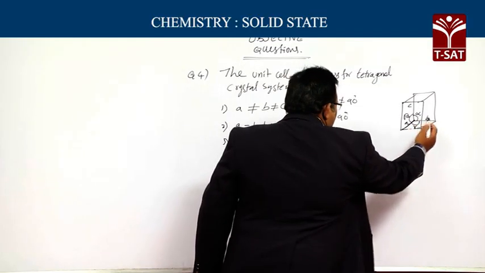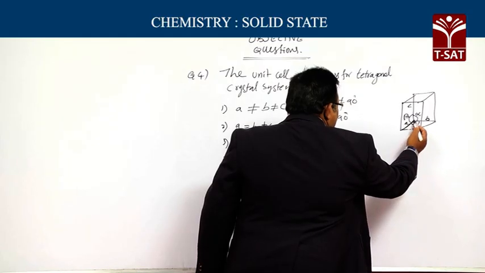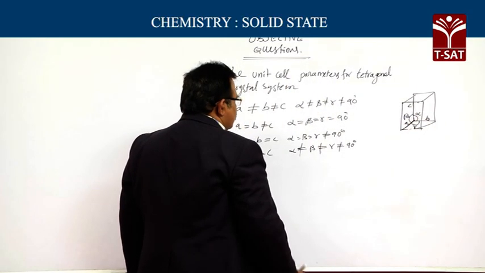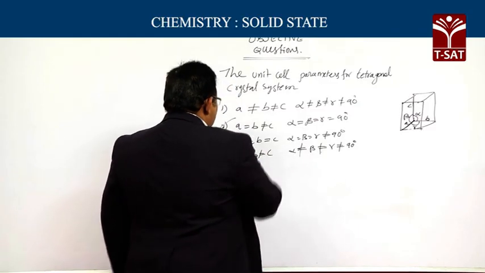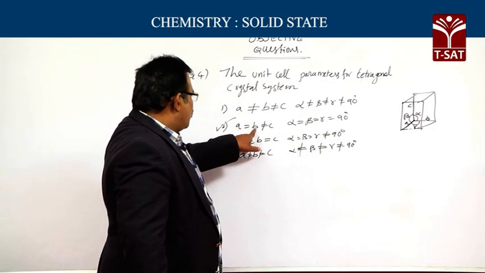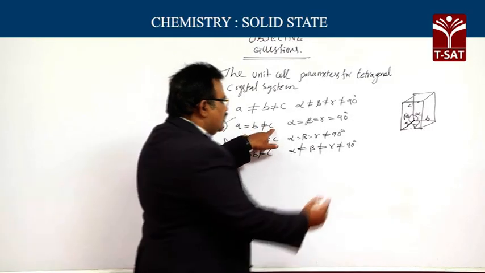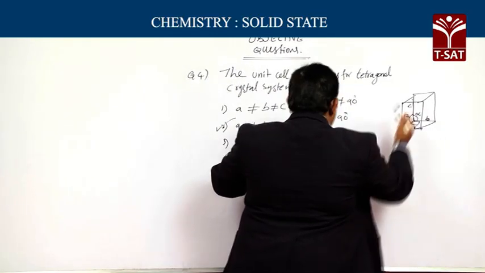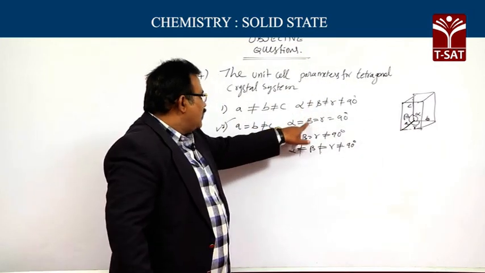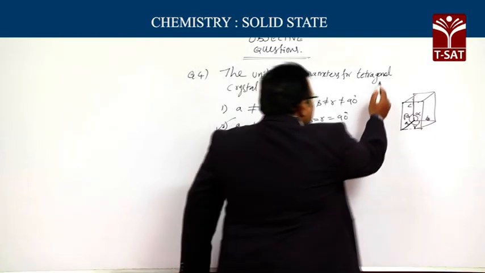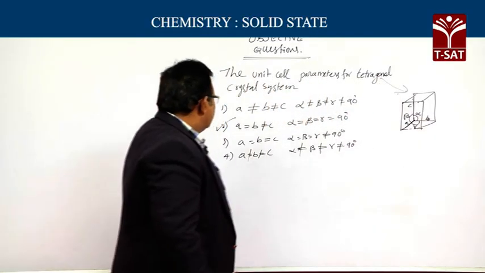A is equal to B, but this length is not equal to C. That is why the answer is A equals B, B not equal to C. See here, A, B are equal, C is not equal. Alpha, beta, gamma angles are 90. So, this is the tetragonal.